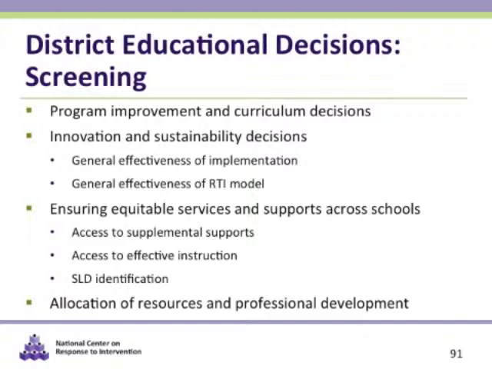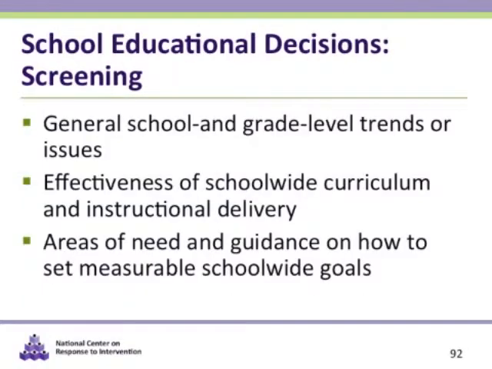We want to ensure that students across schools have access to similar supplemental supports, access to effective instruction, as well as using identification rates for SLD that are consistent across schools. Districts can also use their screening data to allocate resources and provide professional development to schools.